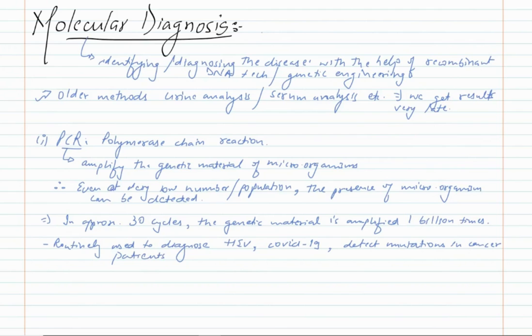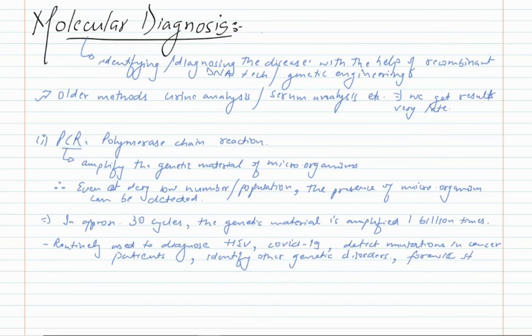These are the uses of PCR. It is a powerful technique to identify other genetic disorders, because we only need very small amount of DNA, and it can also be used in forensic studies.